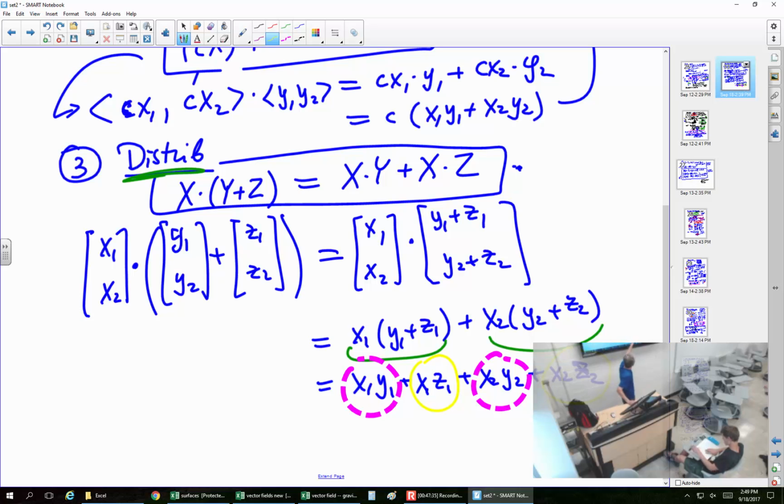What is this combined together? It's x dot y. That's right, this is x1 y1 plus x2 y2, which is x dot y. And what is in the yellow is what's left. It's x dot z. If you know ahead of time that it's supposed to work out, it will work out. You'll just see that you're getting closer and closer to the correct conclusion.